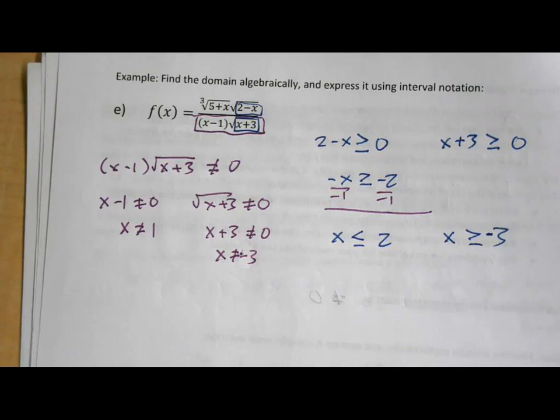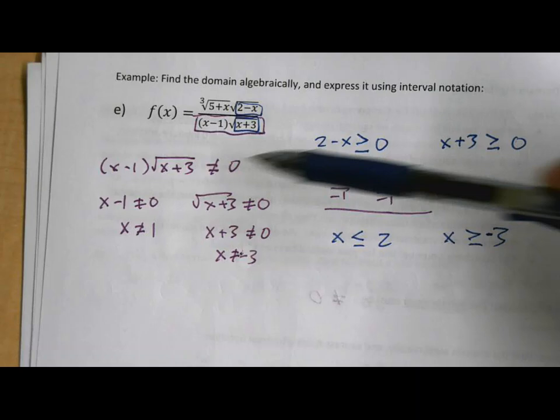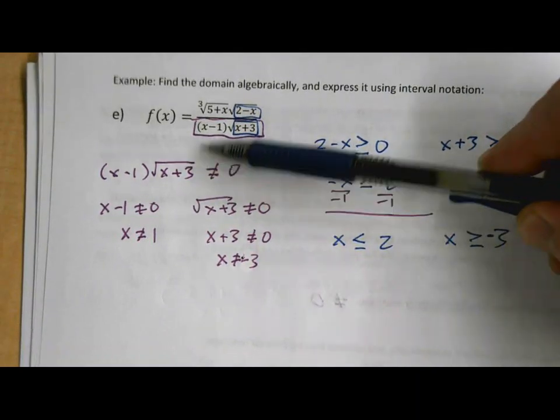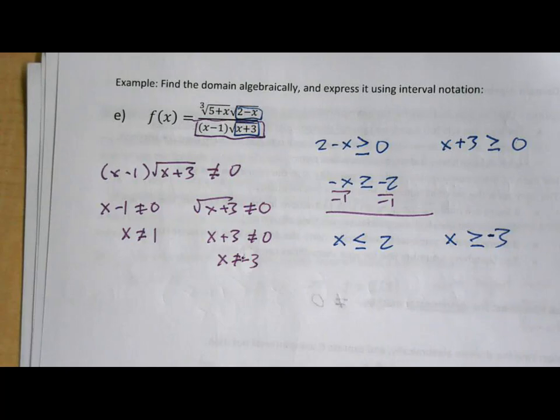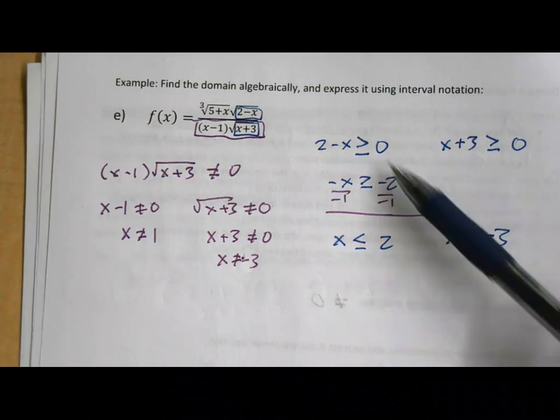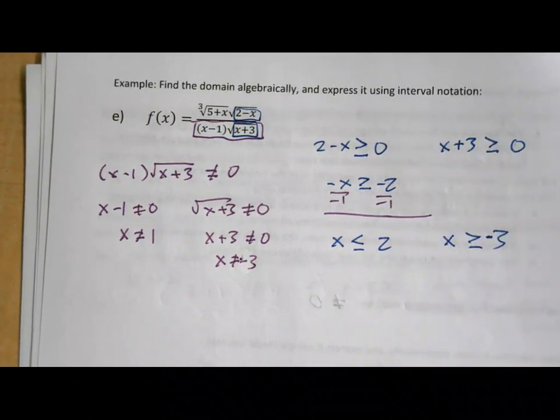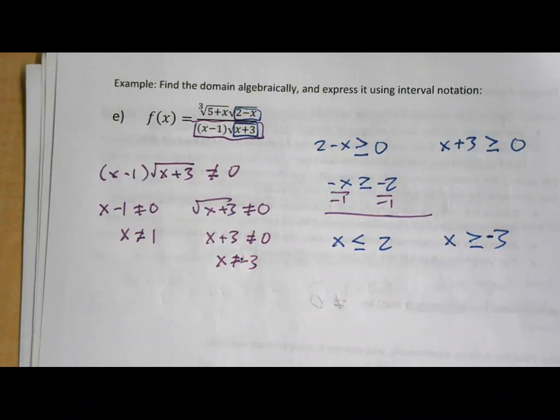Our ultimate goal is to find a rule for the x's that are allowed to go into this big weird function. I want a rule that says as long as x follows this rule, then it's okay to stick in there. So we started with the things that could potentially cause us problems. We started with the denominator, and we came up with a couple facts about x that must be true in order for it to go into this function. And then we started messing with stuff that was inside of radicals, and we came up with another couple of facts that must be true about any x's that go into this function.